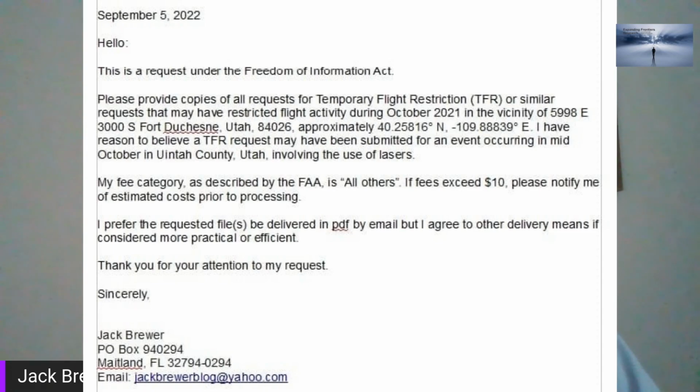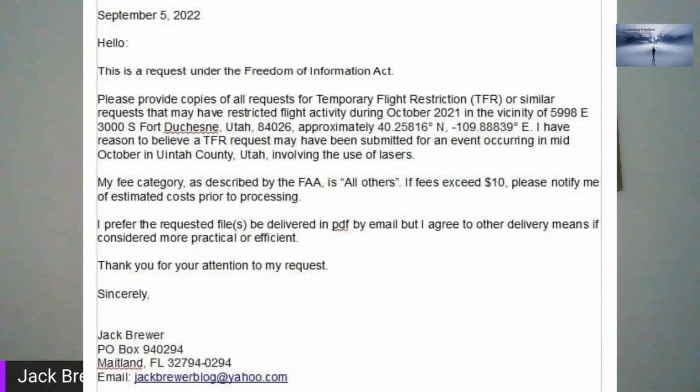And we requested temporary flight restriction, or TFR, requests pertaining to, we knew a general time frame and the general location. And we thought that it might involve some type of laser show. So then we had the rest of the usual information in the request to please notify us of costs, that we'd prefer it to be delivered in PDF if possible. And we were just kind of seeing what we might could learn.